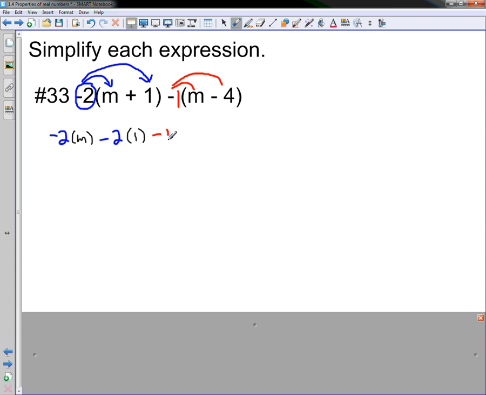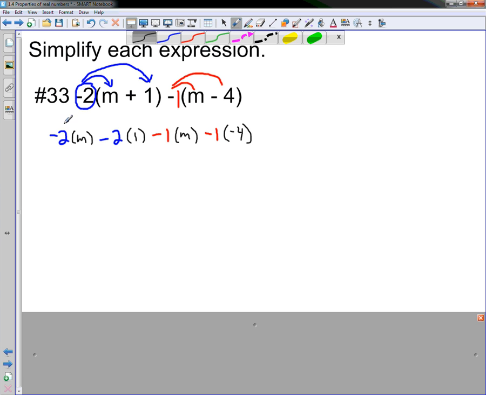So negative 1 times m, and negative 1 times negative 4. Okay. So you can see that we only distribute the negative 2 in the first parentheses, only distribute the negative 1 into the second parentheses.